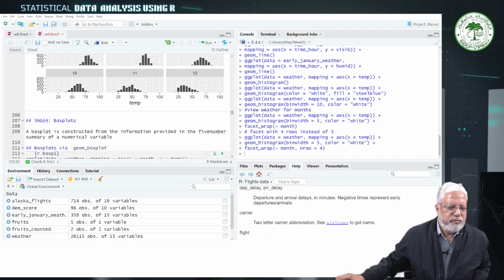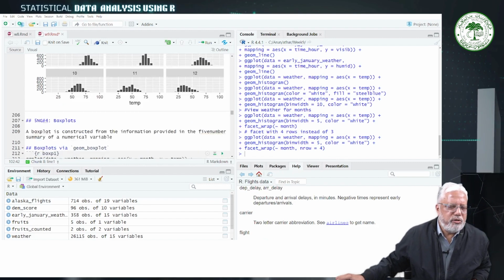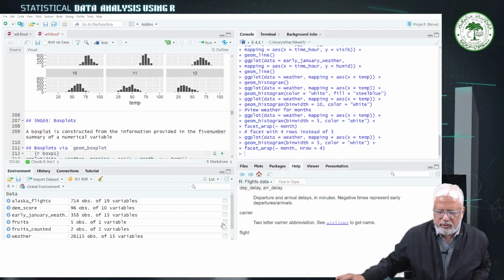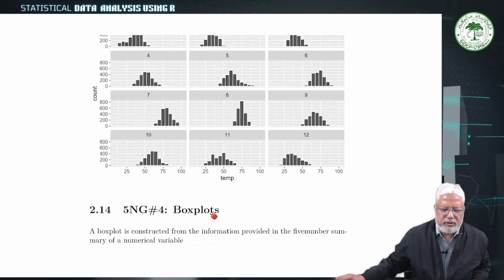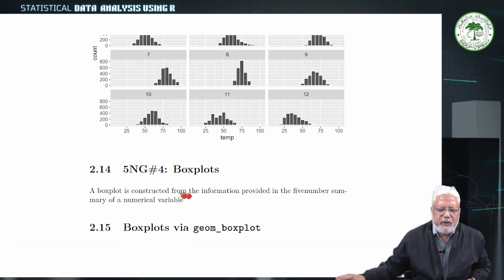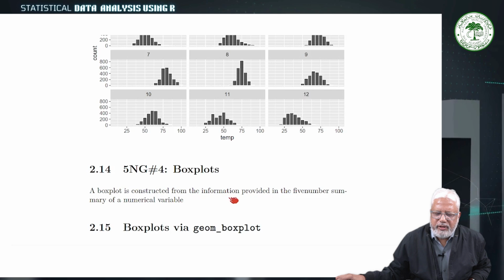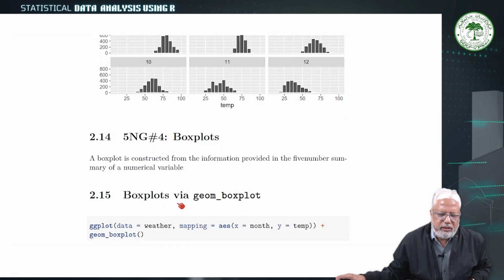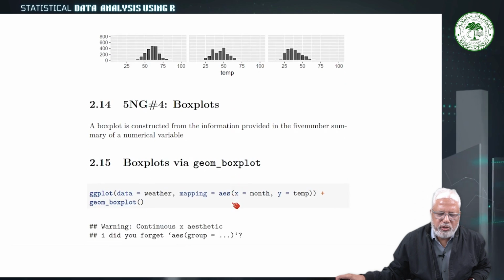Now, I shall talk about the 4th graphic, and that is the boxplot. This is the 4th named graphic, boxplot. A boxplot is constructed from the information provided in the 5 number summary of a numerical variable. Boxplot via geom_boxplot.